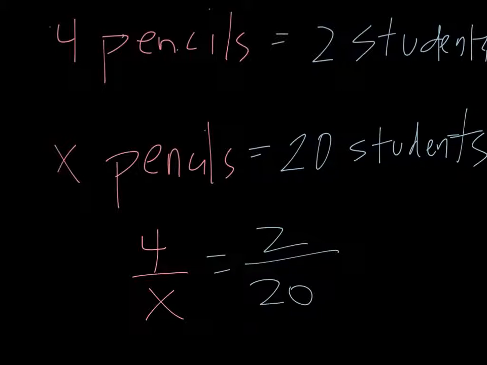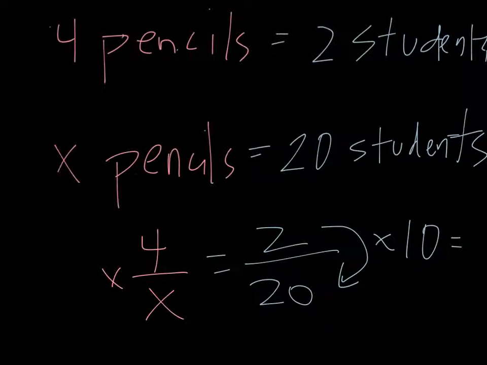Now, here, I'm not starting from 1, so I have to think. I don't know what the x is, so I can't start on the left side of the equation. I'm going to have to start on the right side of my equation. I'm moving from 2 to 20. To go from 2 to 20, I multiply by, you got it, 10. 2 times 10 equals 20. So what I do on one side of the equation, I must do on, that's right, the other side.